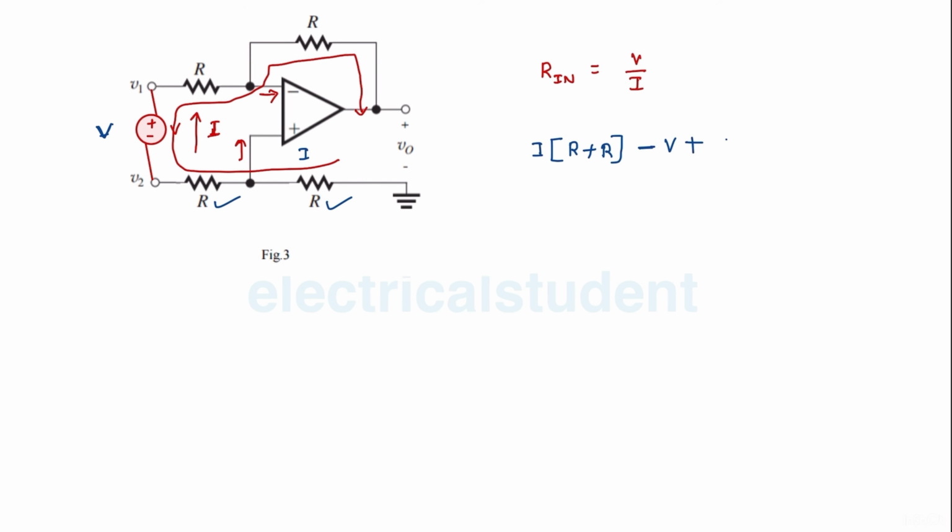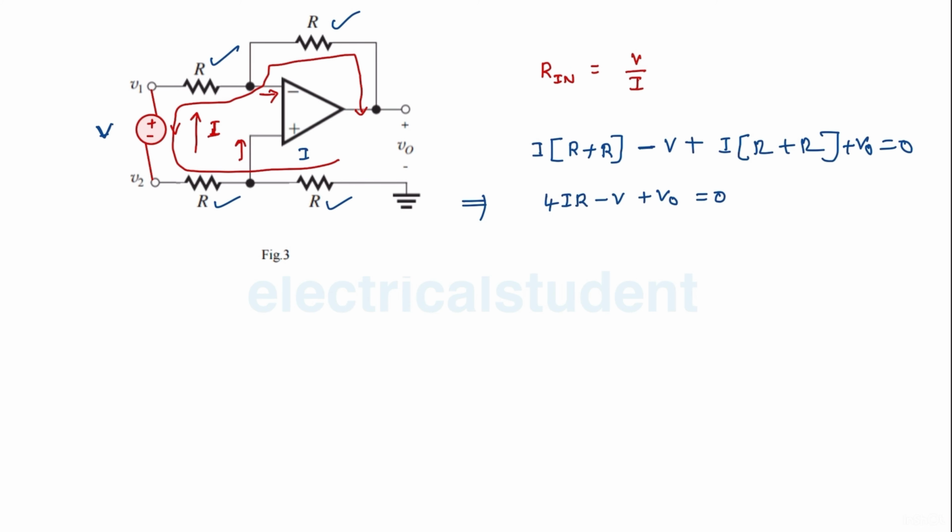Again I is flowing through this resistance and this resistance, plus V0 is equal to 0. So in this case, it is clear that 4IR minus V plus V0 is equal to 0.